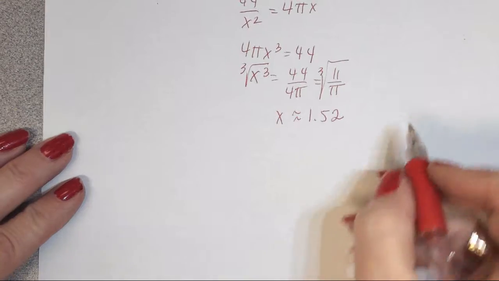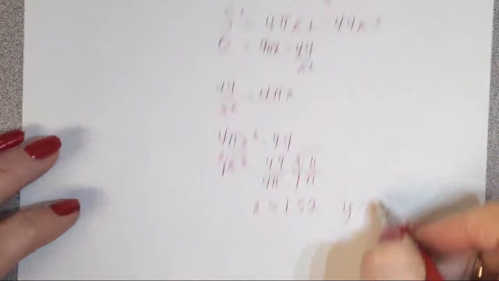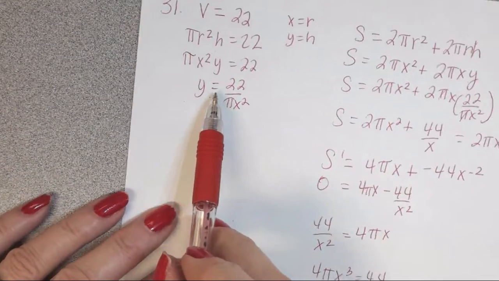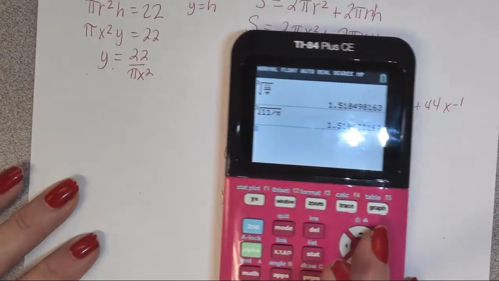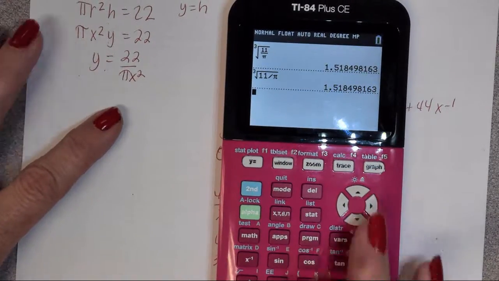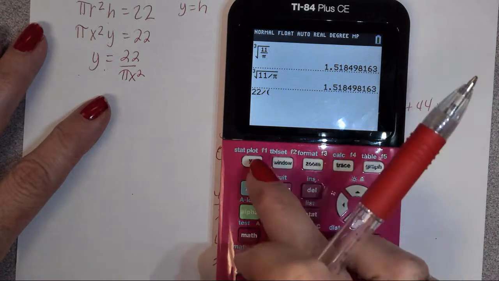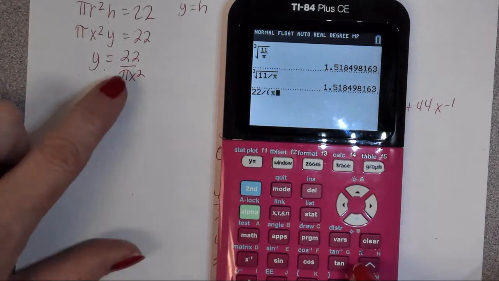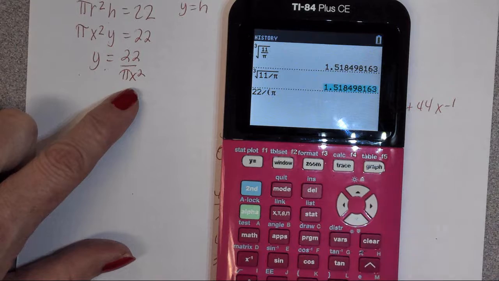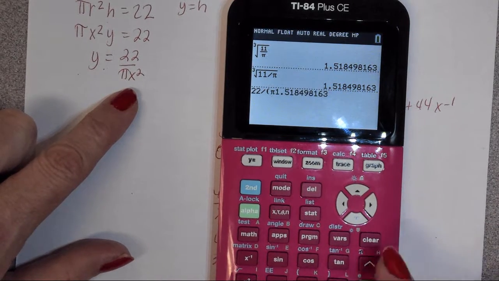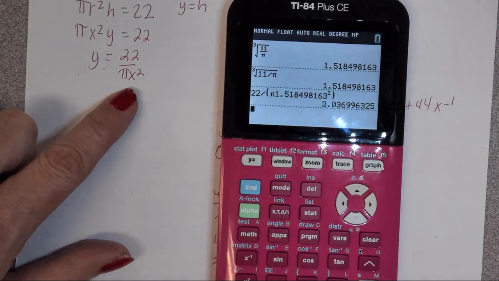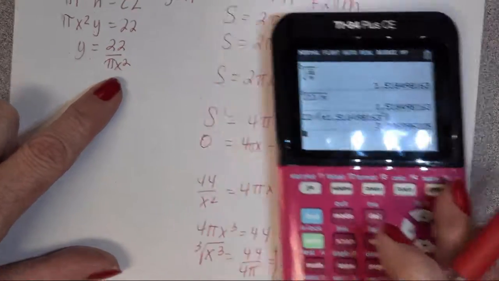So we have x is this. If I want to find y, I just go back up and I find y. Here's y. Now watch this, guys, how you can put this in. It's going to be 22 divided by parentheses pi, I need my last answer, so I'm going to go up here and get it, squared. And it's 3.04.